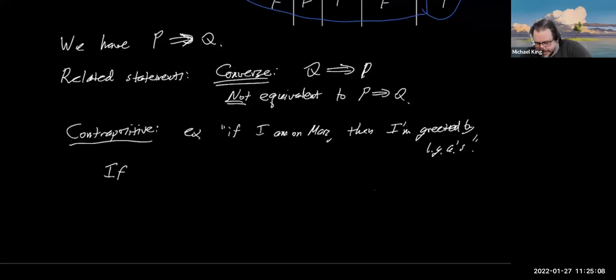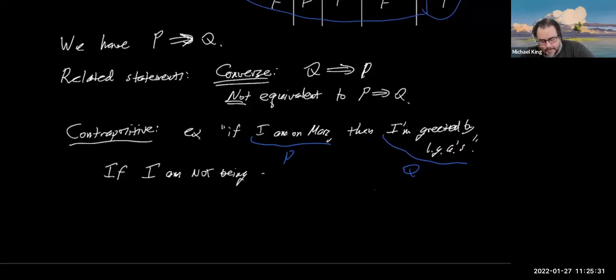So let me put this schematically. This was P, and this was Q. If I am not being greeted by little green aliens, which just sounds strange coming out of my mouth, then I must not be on Mars.